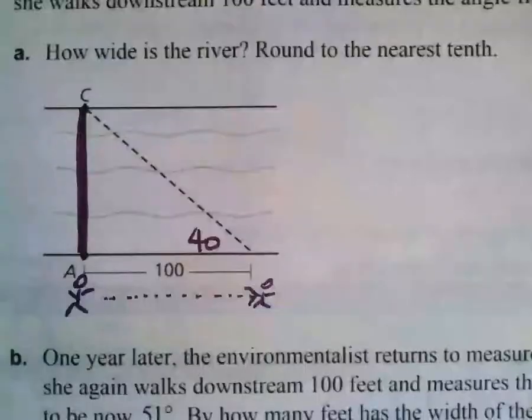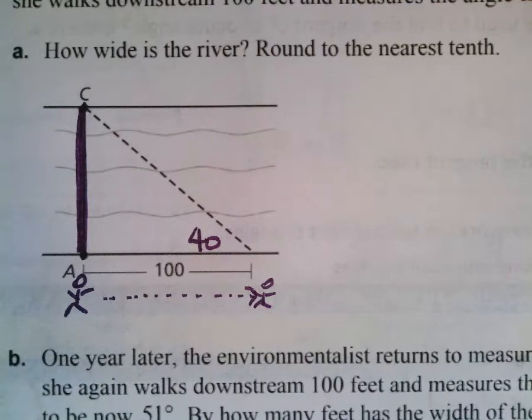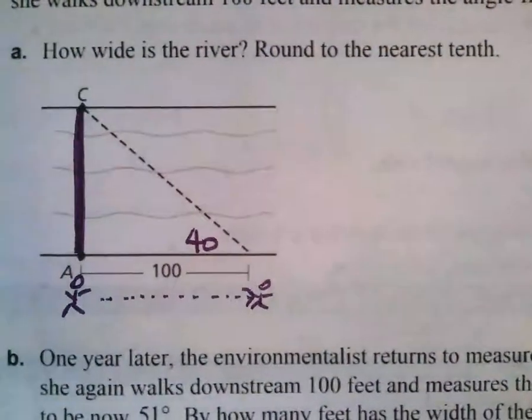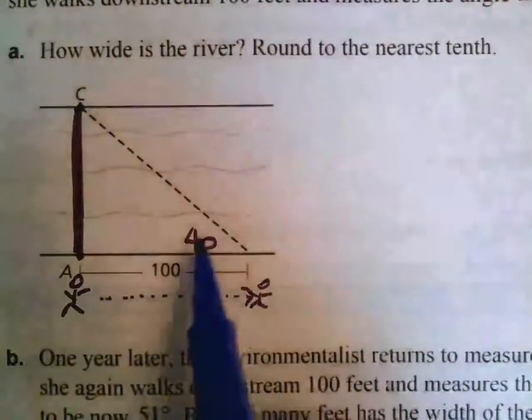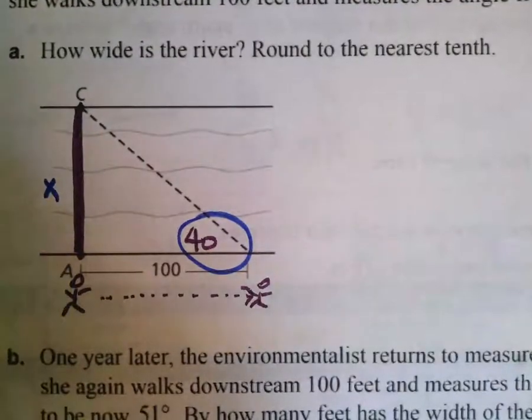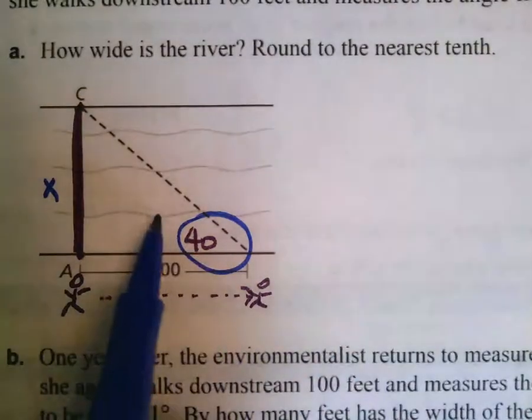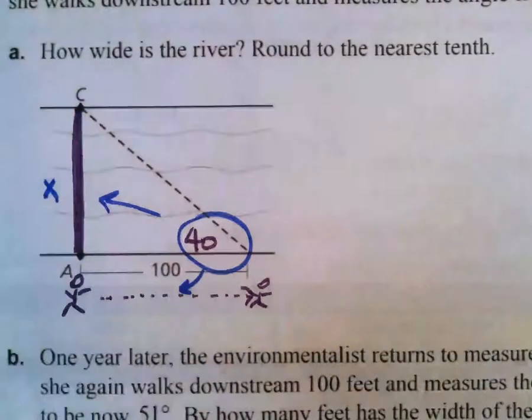So environmentalists go out and they take these measurements so they can figure out how wide something is, or what's happening to the environment, or did the river become wider? Is there flood stages coming? Anything like that, right? So this is actual real life stuff that people actually go out and do as a job. So I got my angle, it's 40 degrees. I got X that I want to solve for. I want to solve for how wide this river is. And so opposite over adjacent.